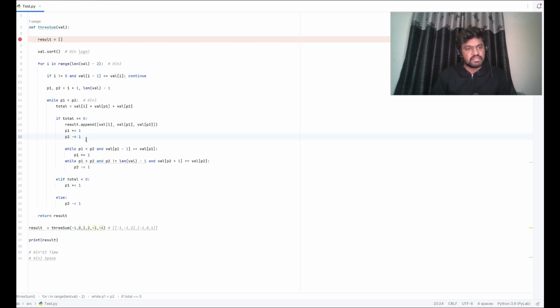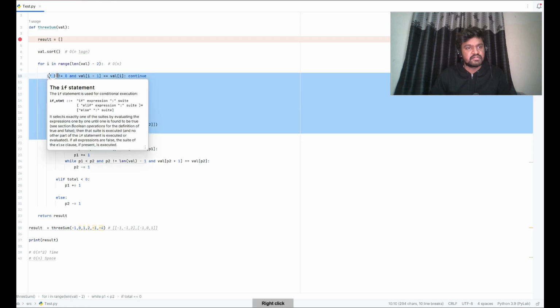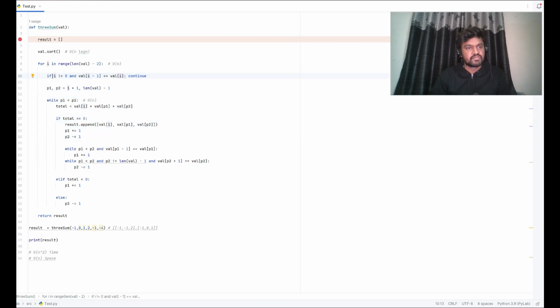And in this while loop, this is the same line as we wrote in the 10th line. What this line does is, if the previous number and current number are the same, then we continue. So we apply the same procedure here, but with a while loop.